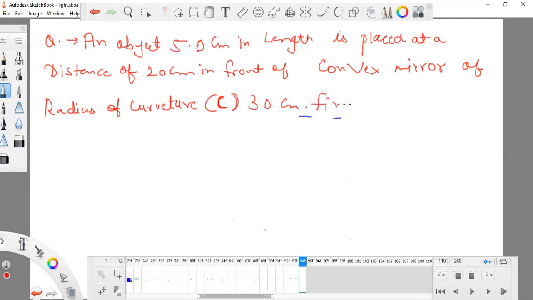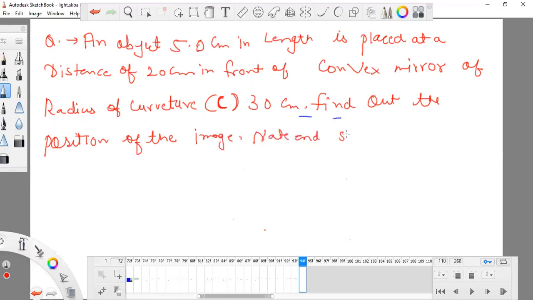Find out the position of the image where it is forming. Position of the image means V. And nature and size.